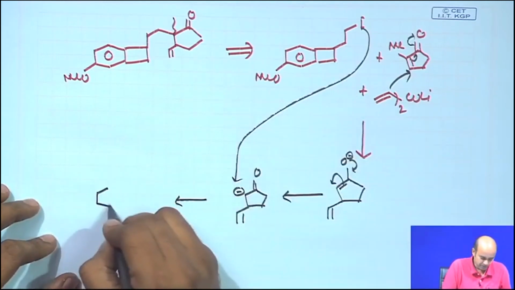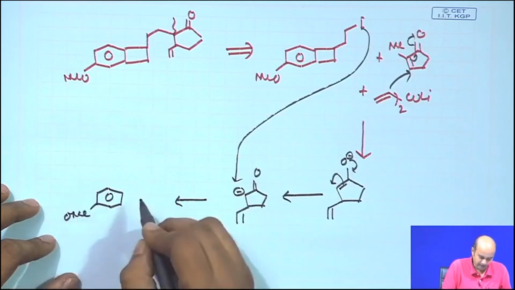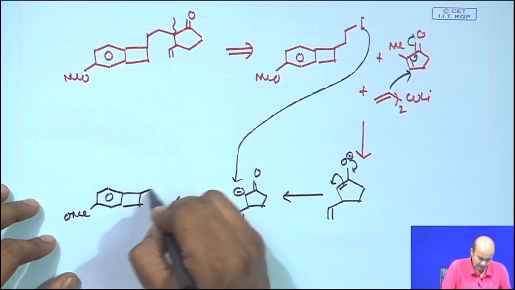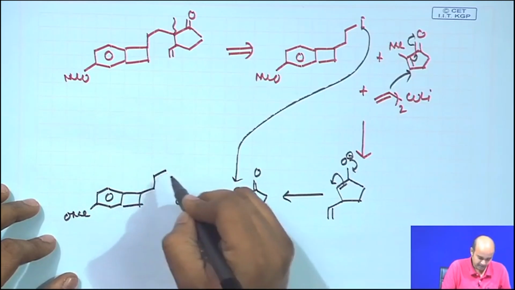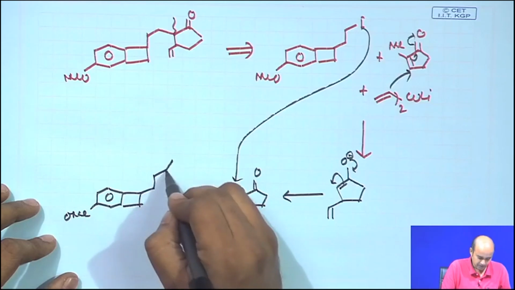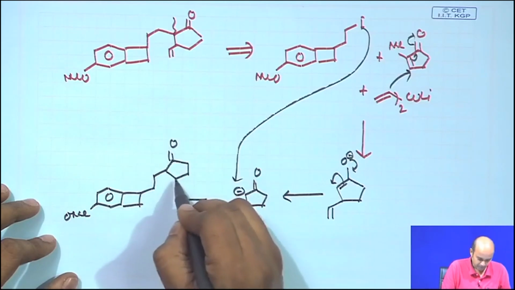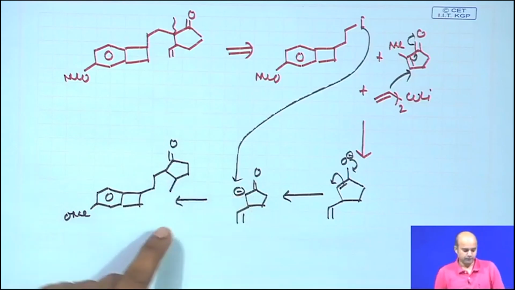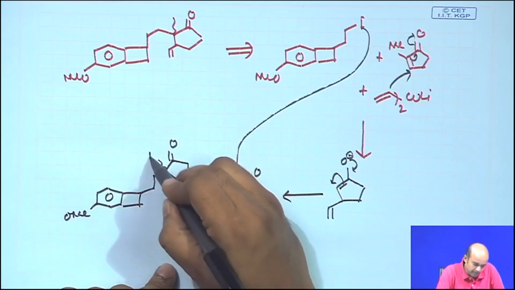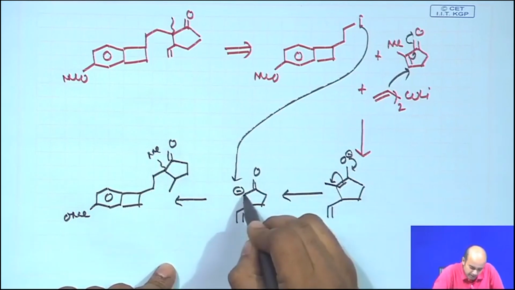So, we will basically get the electrophile, and all the things will now react in your cyclopentanone. Obviously your methyl is there, another methyl is there. So, you are having a methyl here.